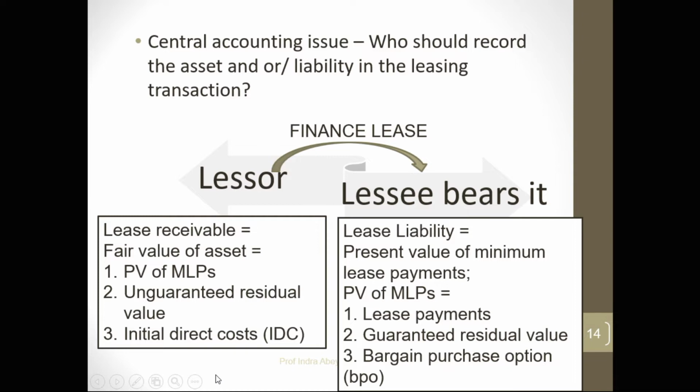That becomes the total lease payment, but because we are looking at the present situation, we take the present value of minimum lease payments.